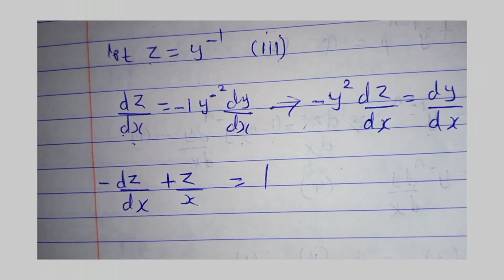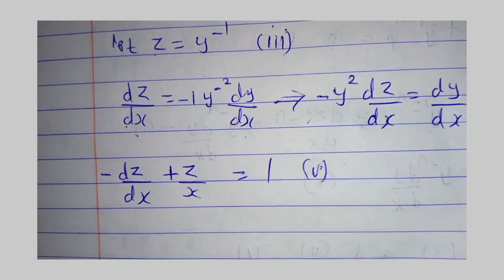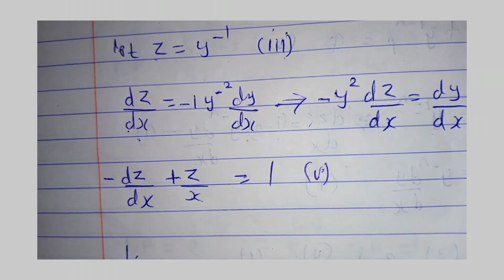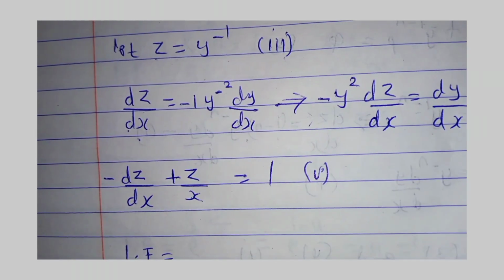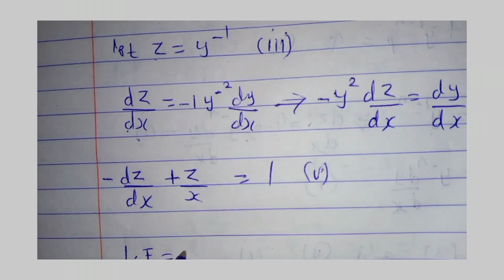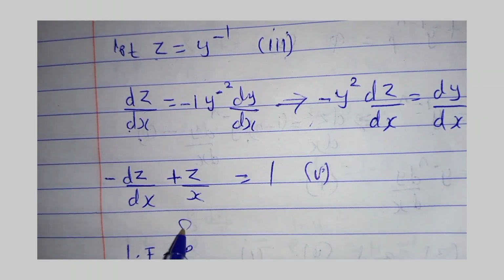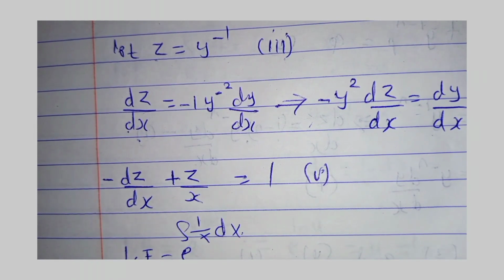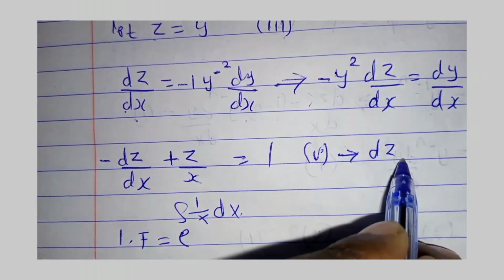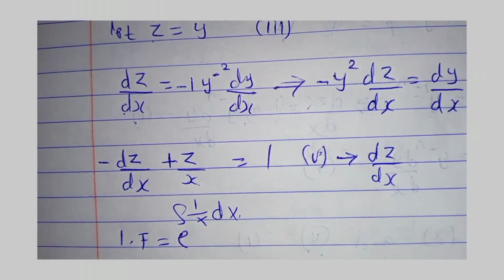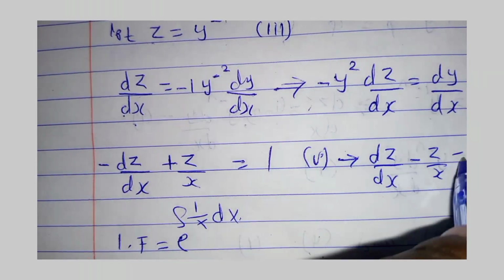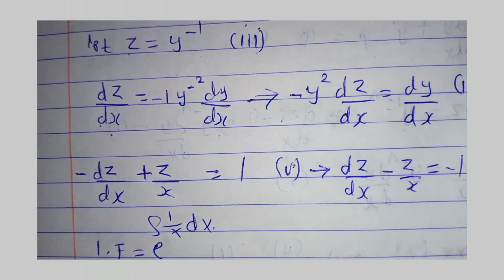Then the next thing now, you can call this equation 5. From there now we get our integration factor, which will be given by exponential integral of 1 over x dx, as dz over dx minus z over x is equal to -1.